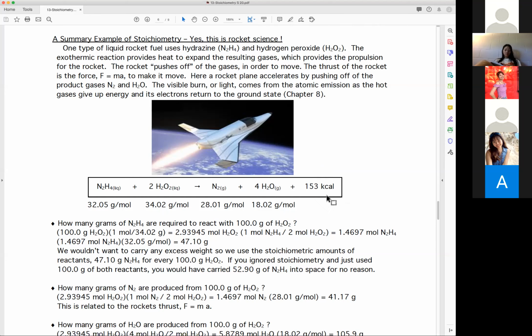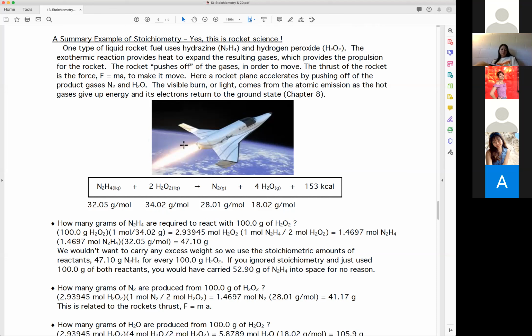Explosions. But here's the chemical reaction right here. What's the product of that chemical reaction? What's coming out right here? Nitrogen and water vapor, right? And why is it glowing like this?